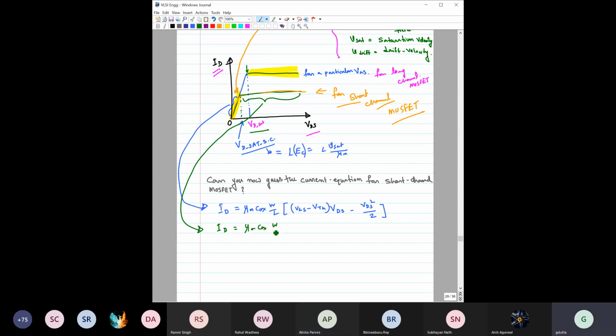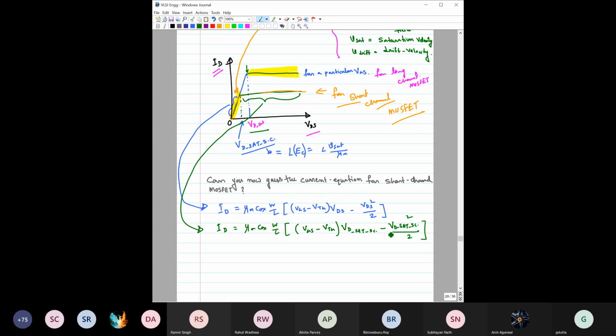Very good. Just replace this VDS with VD sat for the short channel, minus VD. This symbol I am using is pretty big, so VD sat, then short channel is C. So the equation will become something like this, right?